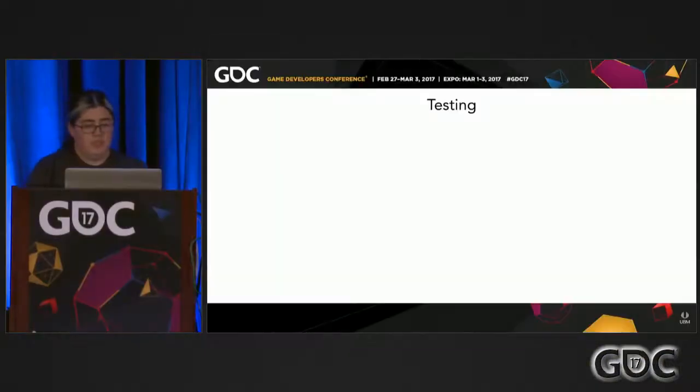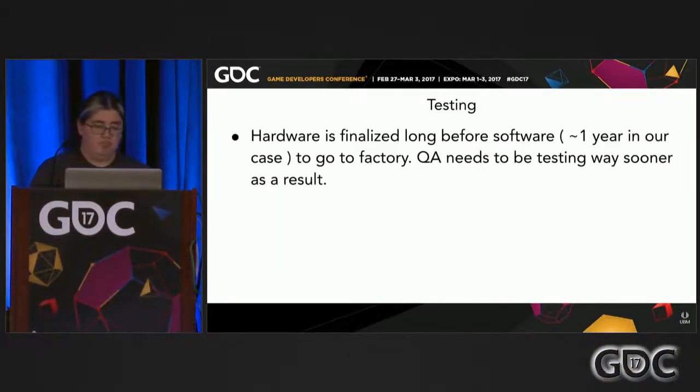So in conclusion, some final thoughts about testing. Fundamentally, hardware testing needs to be finalized long before software even starts. In our case, it was about a year. And QA should have access to ways to test the robot itself without software getting in the way.